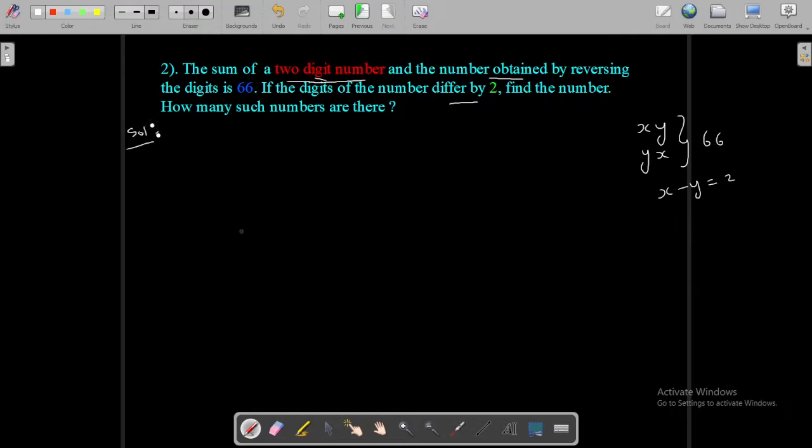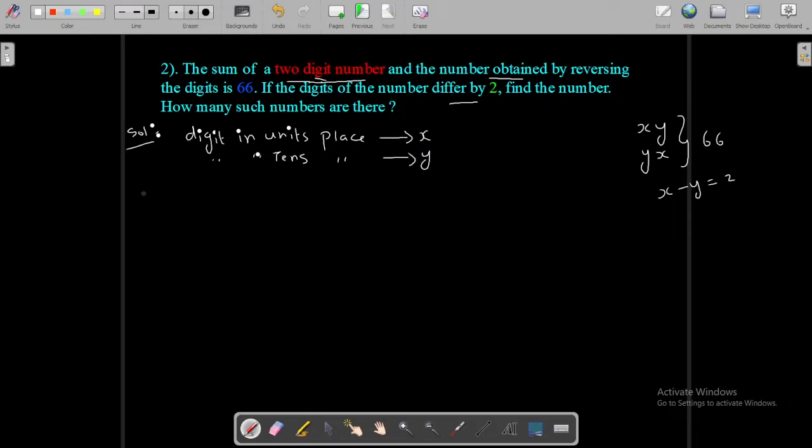So for that, we'll see the digit in units place. Let it be x. Similarly, the digit in tens place, we'll take it as y.